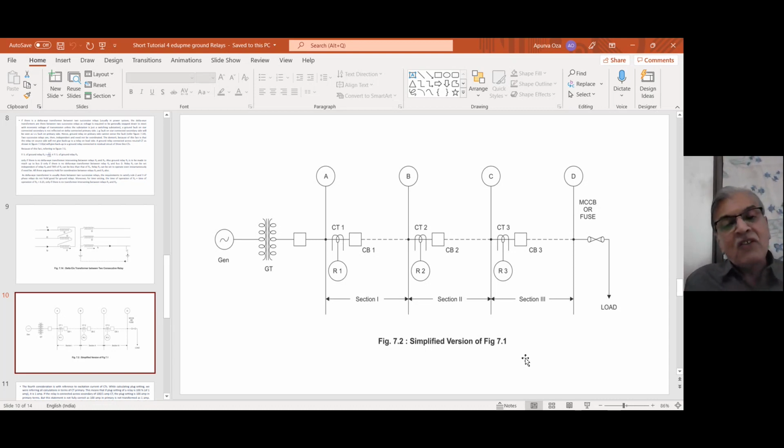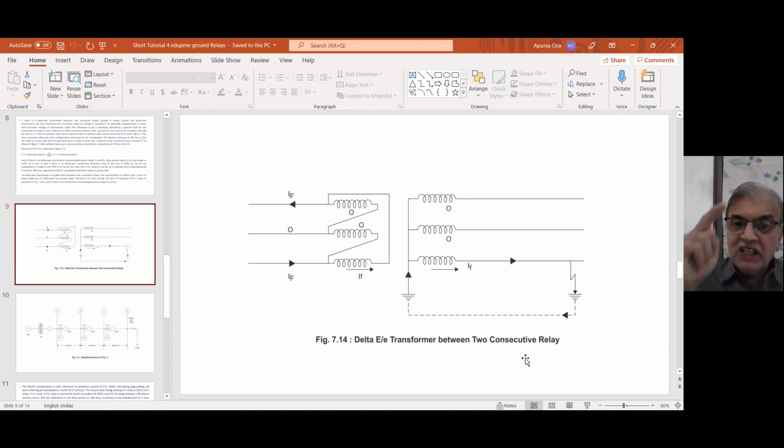So ground relays R1 and R2 will become dependent on each other. You have to coordinate R1 with R2, or you have to coordinate R2 with R3, only if there is no delta Y transformer. But usually the delta Y transformer is present, and when it is present, the problem comes.